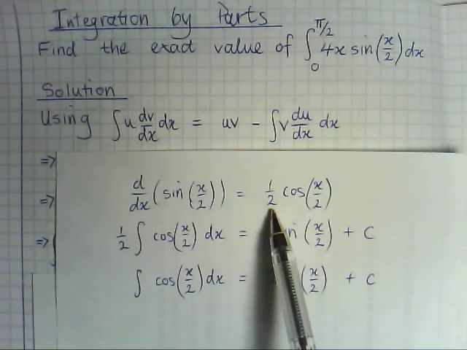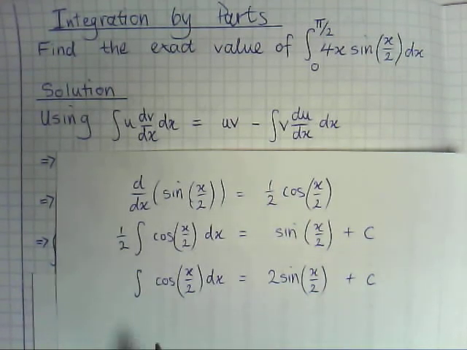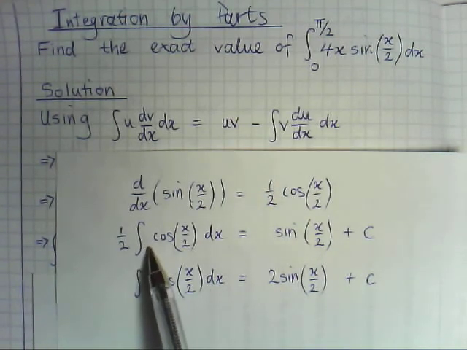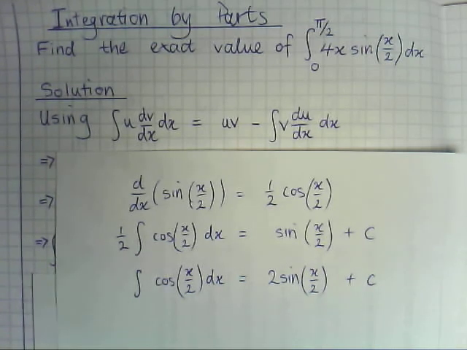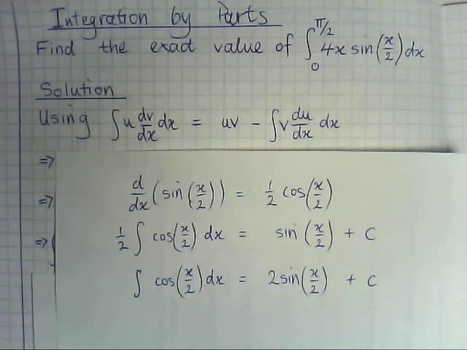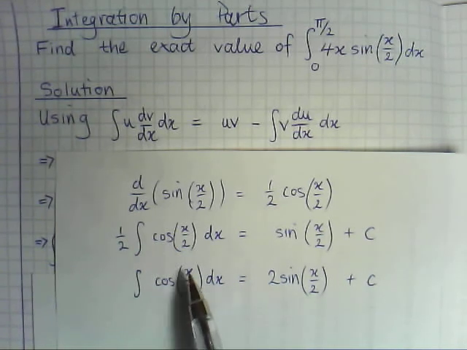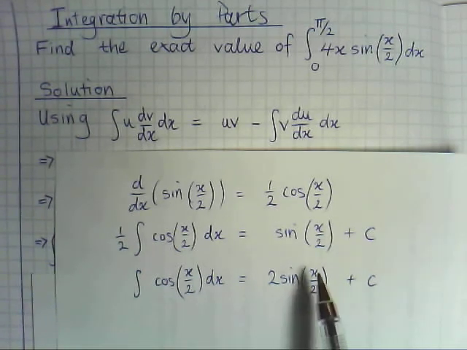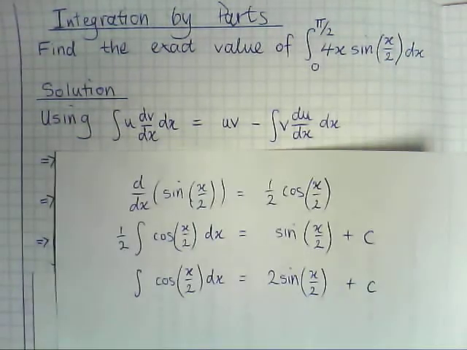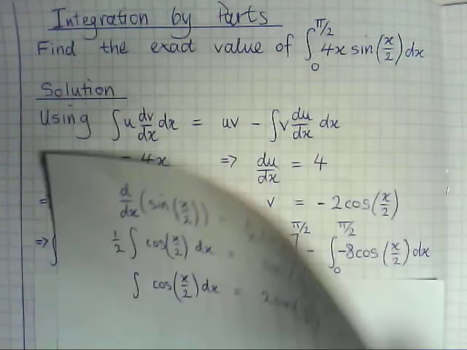Now we can think about integrating this to get back to our original function, and we can also extract the half outside the integration sign to give us sine x over 2 plus the constant of integration, and then we can simply multiply both sides by 2 to give us an answer for the integration of cos x over 2 as 2 sine x over 2. So we get 2 sine x over 2 when we try to integrate this.